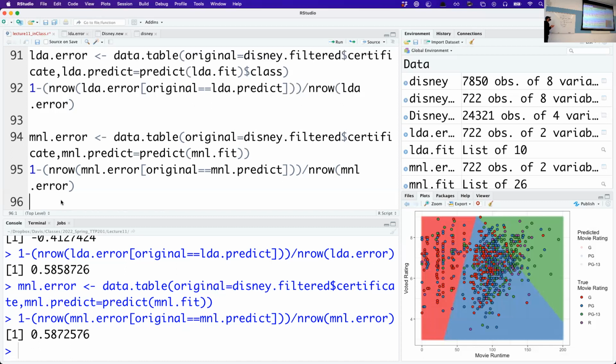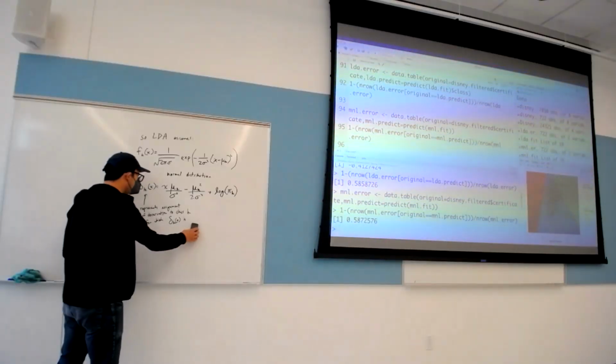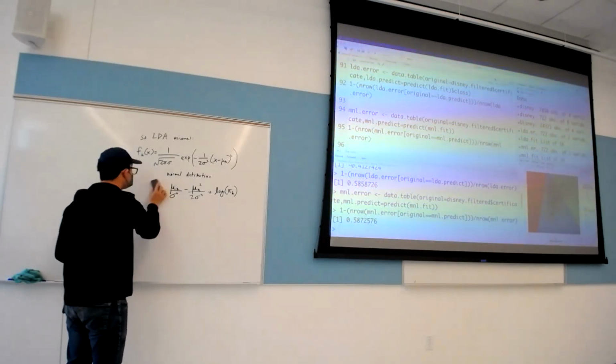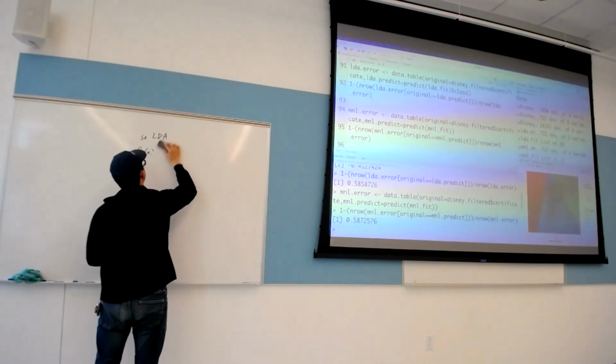Okay, we are going to look at one more classification example. And this one, unlike LDA and MNL, is going to be pretty different. This is a totally non-parametric model.